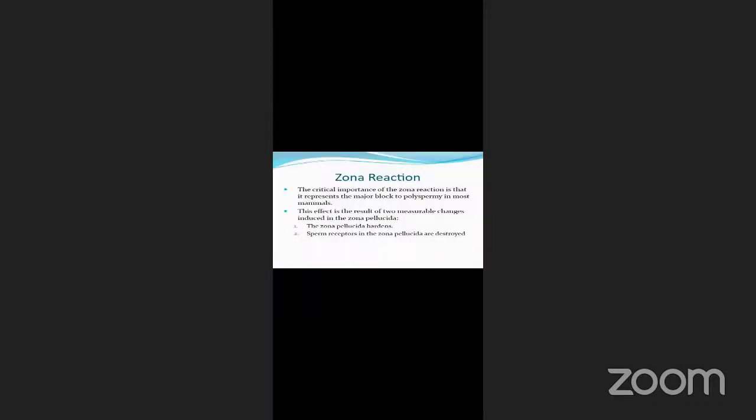Now, what is the role of the zona pellucida? The critical importance of the zona reaction is to block polyspermy in mammals. That means the zona pellucida plays an important role in preventing fertilization of the egg by multiple sperm. So what happens if many sperm fertilize an egg? The DNA content within the embryo or zygote will become more, which is not accepted in nature.